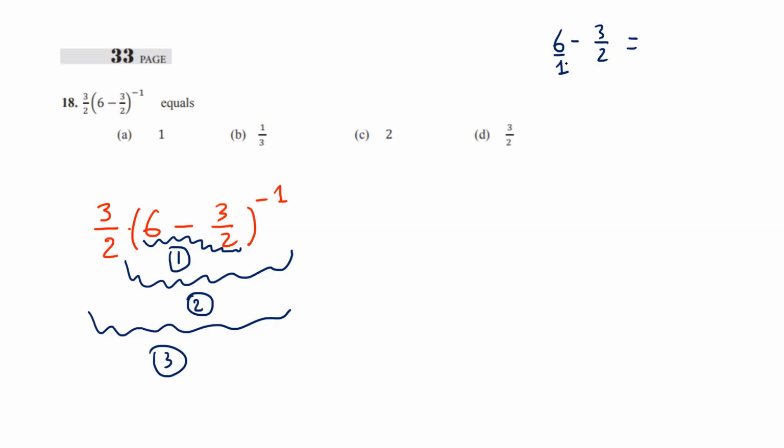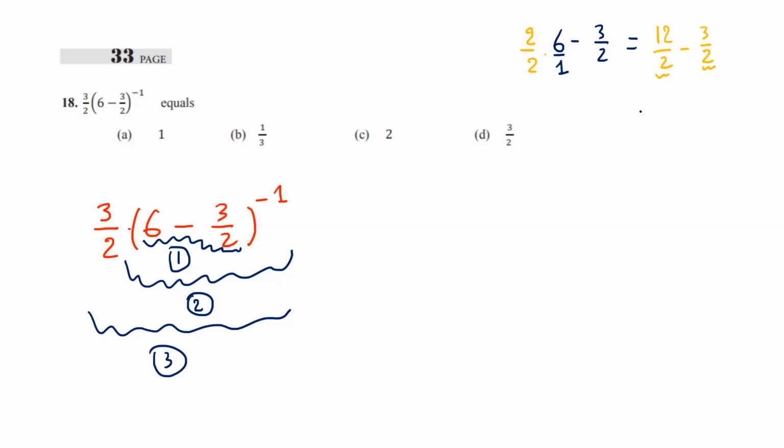We need to have the same denominator to make the subtraction. So to get the same denominator, we have to multiply this by 2. Since we multiply the denominator by 2, we also multiply the numerator by the same number. What do we get? 12 over 2 minus 3 over 2.